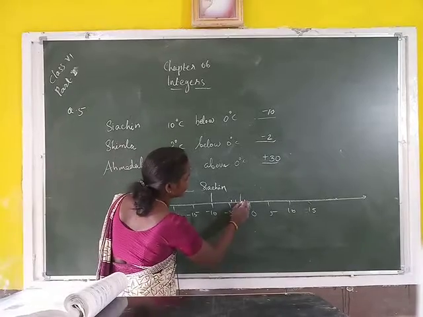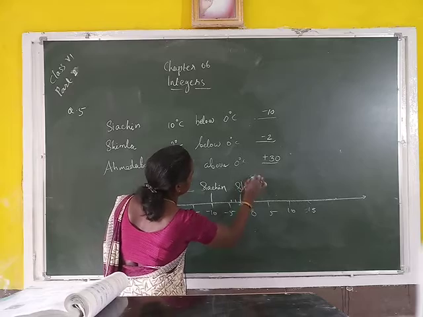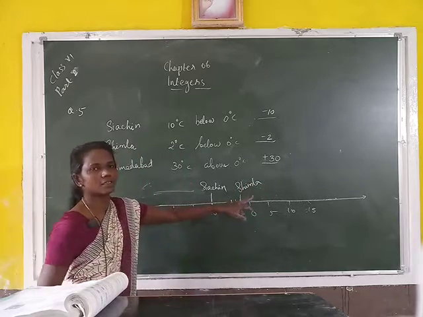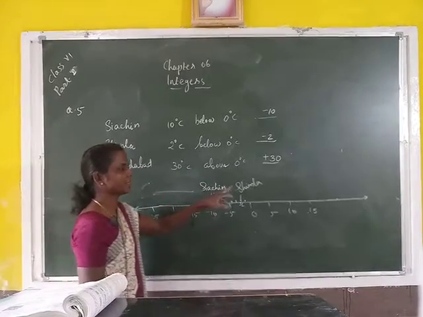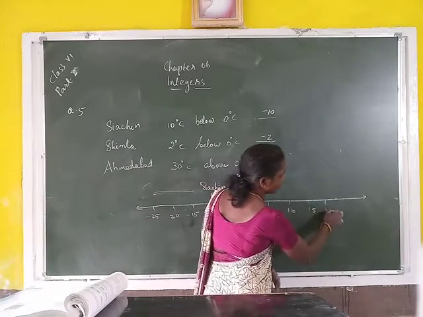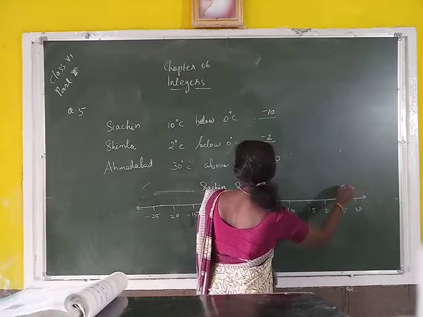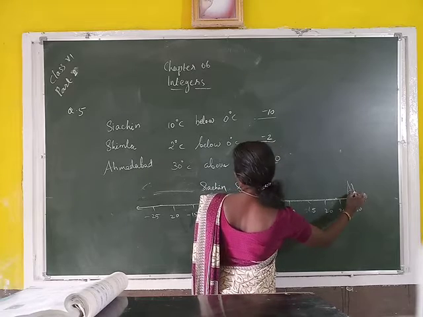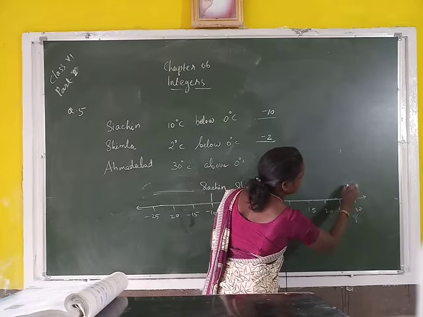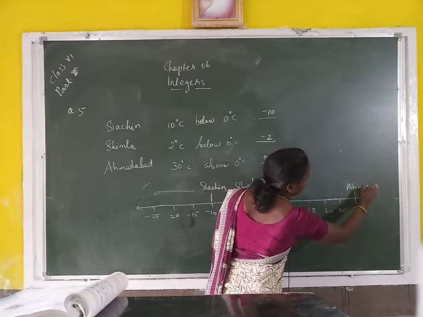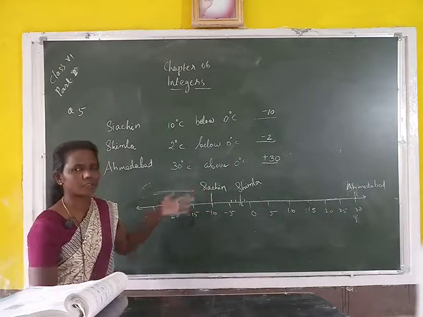So this point represents Shimla. And Ahmedabad 30°C. Where is 30°C? This is 20, 25, here 30. So here, this point represents Ahmedabad. Likewise, Delhi and Srinagar you also write.